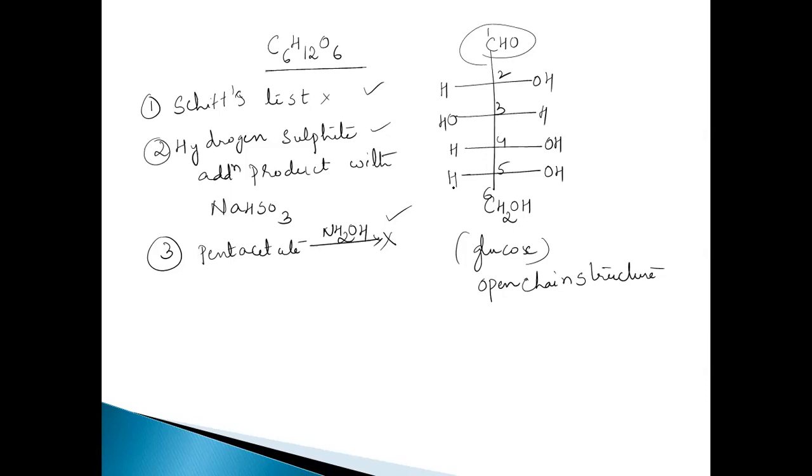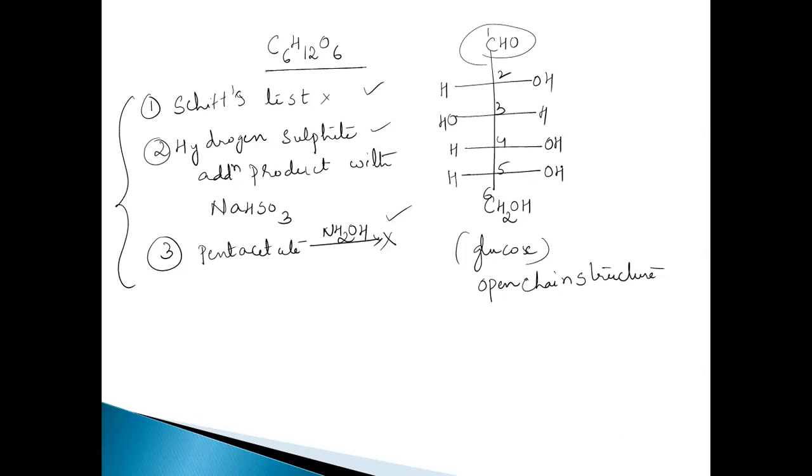In order to explain that it's not giving Schiff's test, it's not forming an addition product, and the pentaacetate is not reacting with hydroxylamine, we propose that the CHO group is not free, instead it is involved in the ring formation.